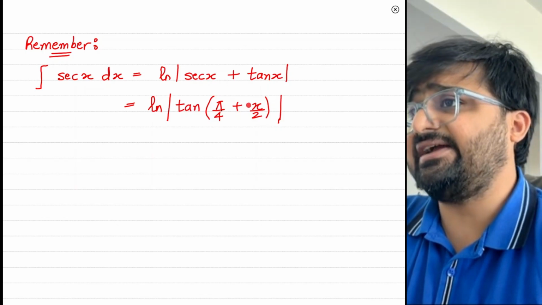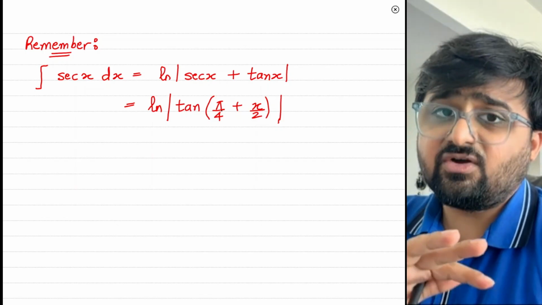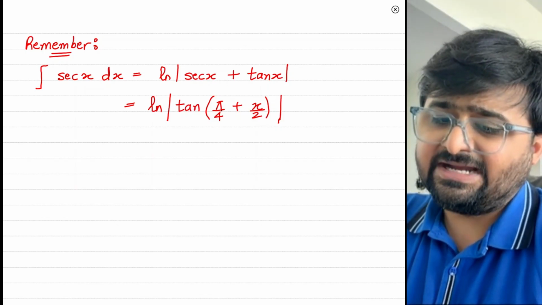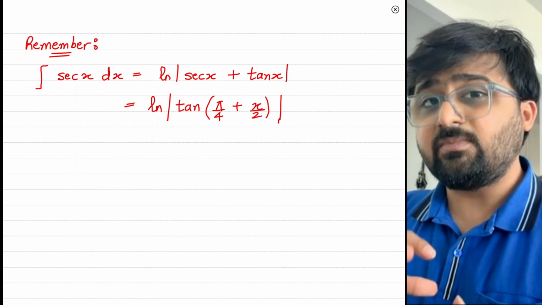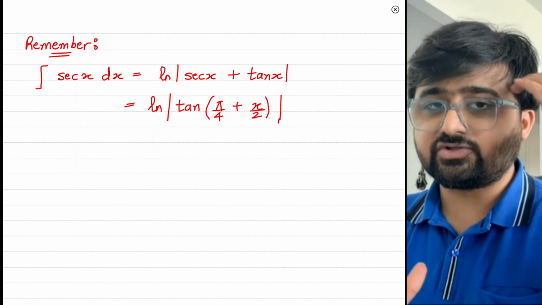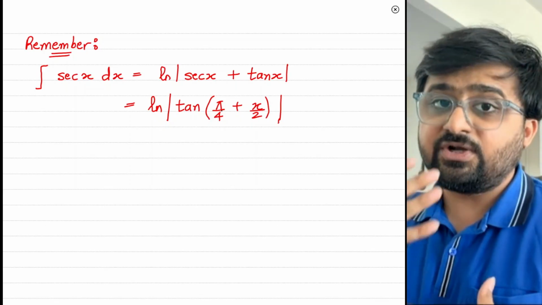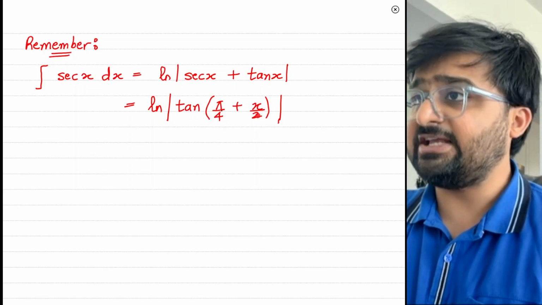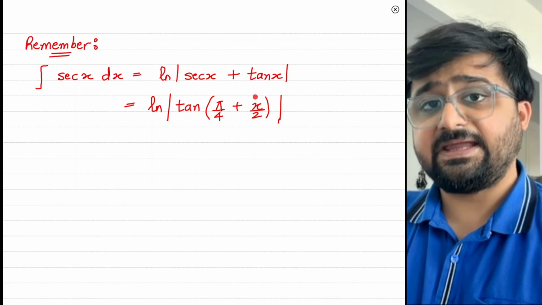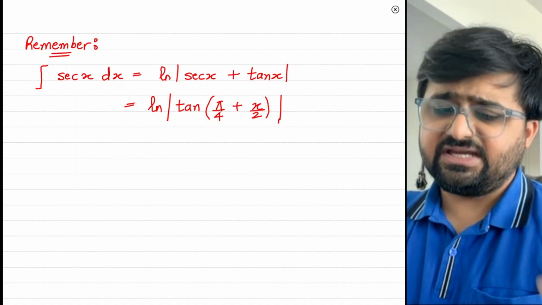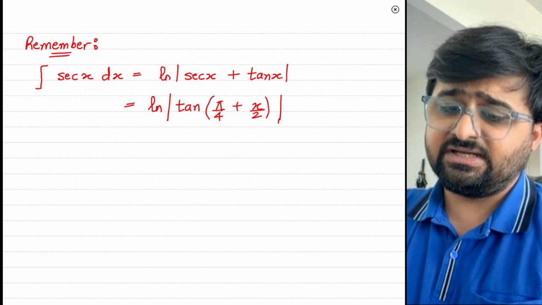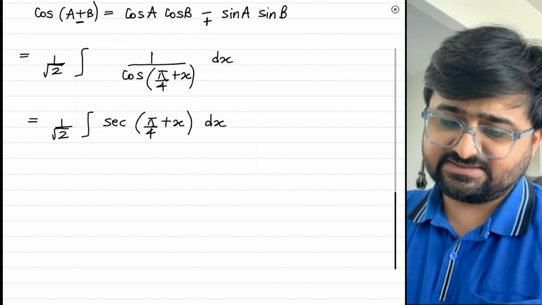In this case, the angle is x by 2. So it depends on which angle you prefer, x or x by 2. That sometimes depends on the multiple choice question. If your multiple choice answers are in terms of x by 2, you would prefer this result. If it's in terms of just x, you would prefer this result. In this case, let me just use the first one, ln of sec x plus tan x.